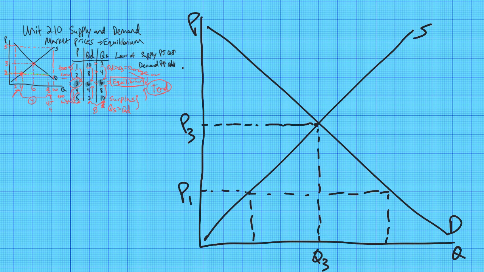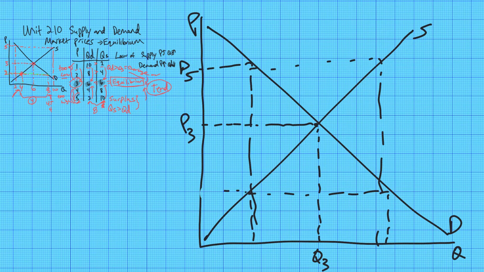And again, if we were at, let's call it P5, we dot over, dot down, and we see at P5 we're at a surplus, right? So those should make sense to us, just as a review of what we were talking about. But now we're going to go back and look at, okay, let's say we're at this point of equilibrium. I'm going to erase these quick.